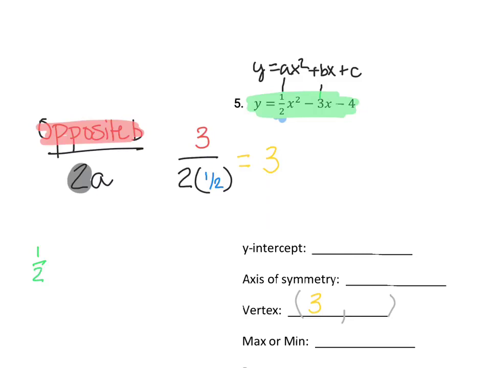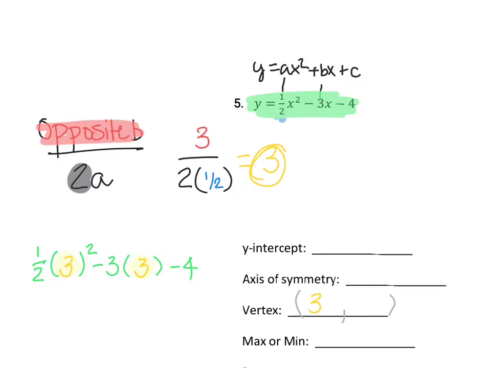So 1/2 parentheses squared minus 3 parentheses minus 4, and I'm going to fill in those parentheses, both of them, with the number that we just found, and that number was 3. I'm getting that 3 because that's what we found for the first half of our vertex.